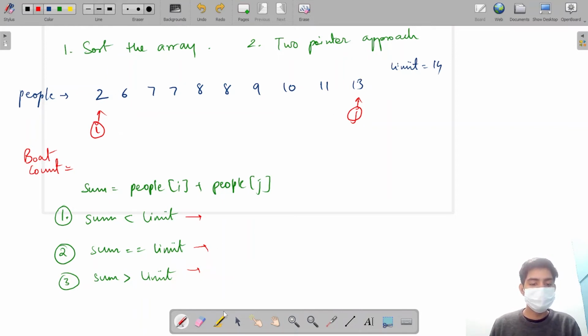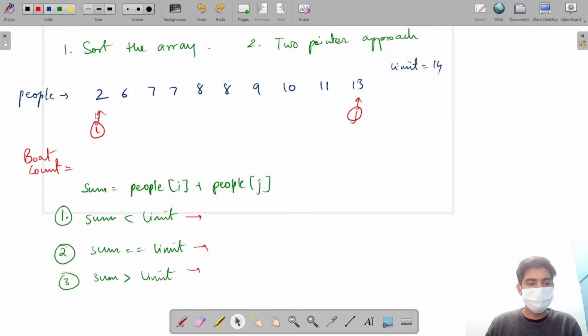So I can increase this i, but this will tell me that 2 is going to go alone. If I decrease this j, it will tell me that 13 is going to go alone on the boat. Okay, this is what I'm saying.